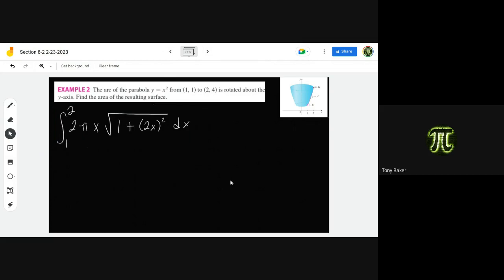All right, so now let's clean up the inside a little bit. And we can pull out my 2 pi. So this just becomes 2 pi, the integral from 1 to 2 of x square root of 1 plus 4x squared dx.